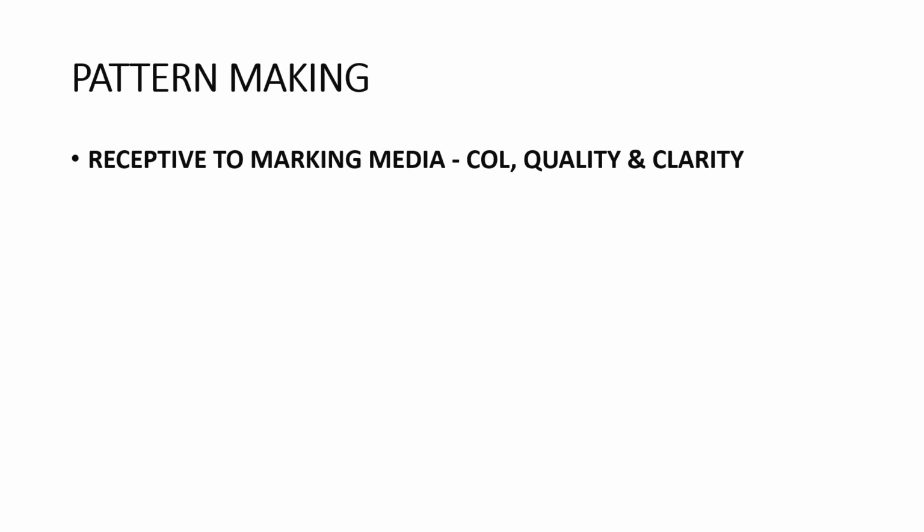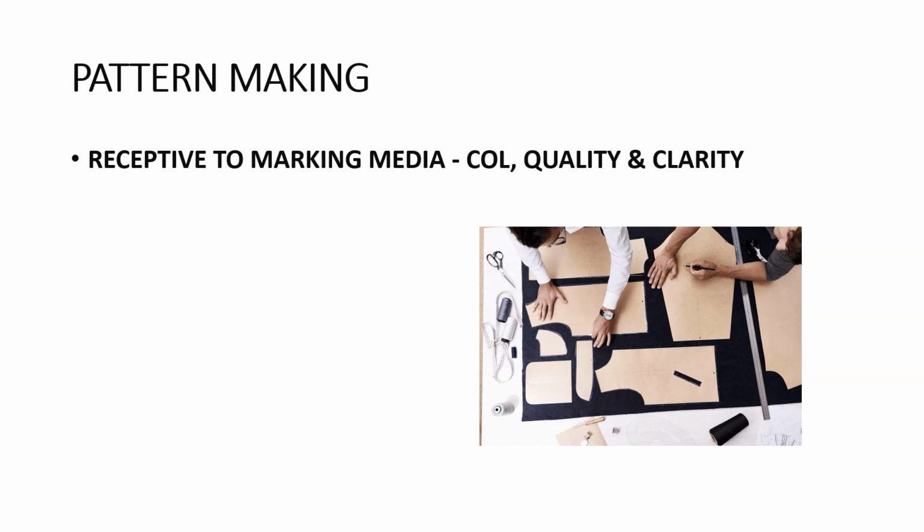Three things are very important here. So when you are doing manual pattern making, these all apply. In computerized pattern making, all these things are controlled, okay. Some programming is there and it can be controlled.